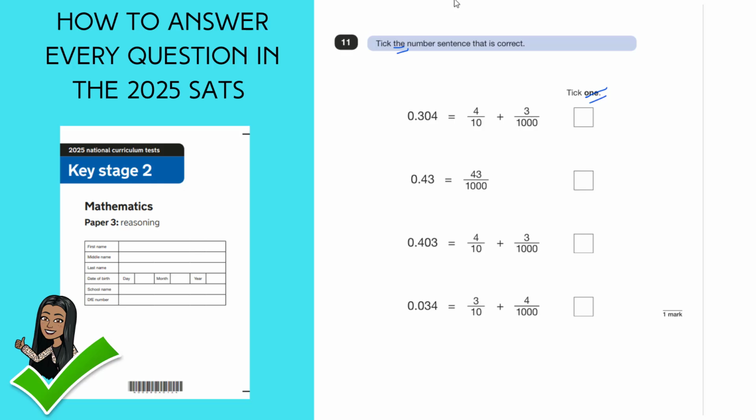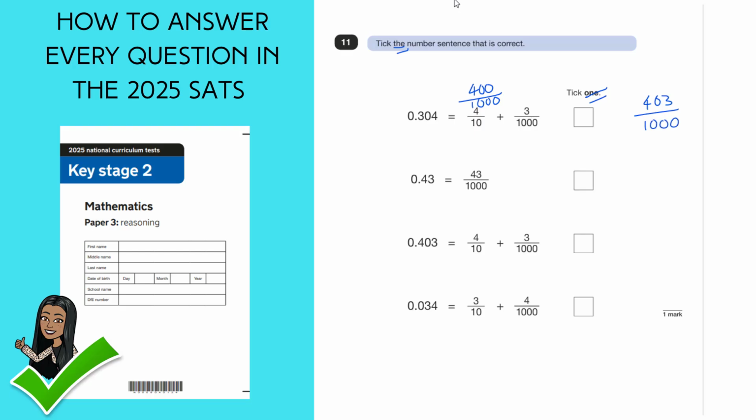So if I show you first of all how to think of these as fractions, 4 out of 10 is the same as 400 out of 1,000. So 400 over 1,000 plus 3 over 1,000 we can add. That becomes 403 over 1,000.